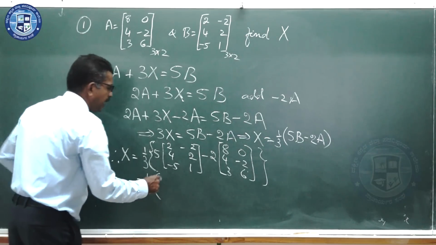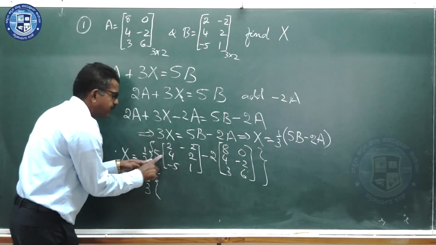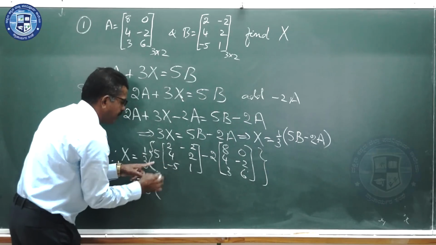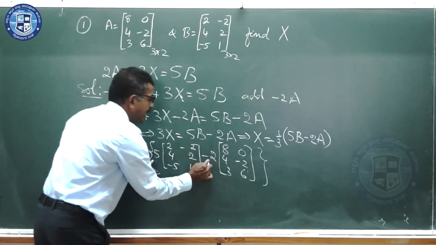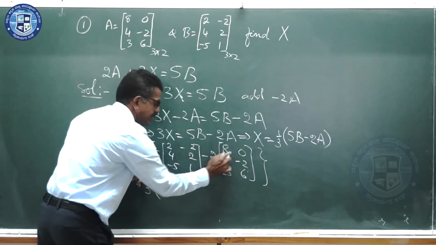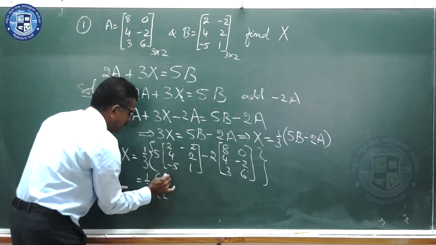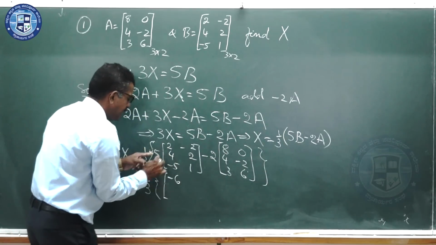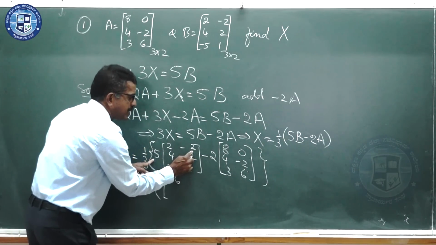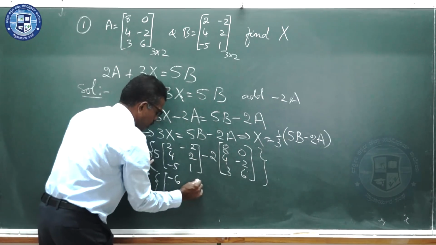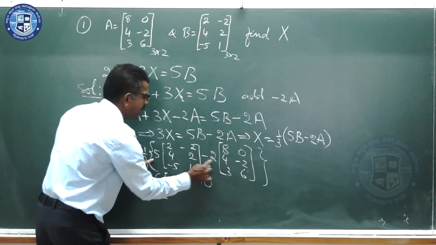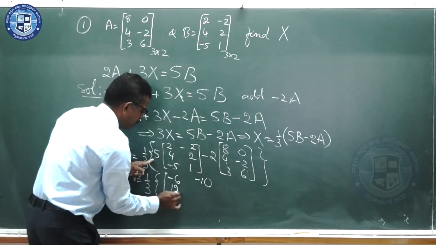So this will be equal to 1 by 3. We'll evaluate it together. Every element of B should be multiplied by 5. 5 2s are 10, 10 minus 16, it is minus 6. The second entry is 5 into minus 2, which is minus 10, minus 0, so minus 10. Then 20 minus 8, it is 12.